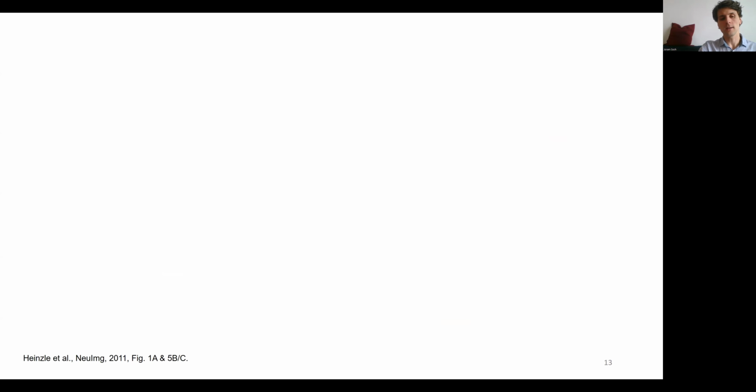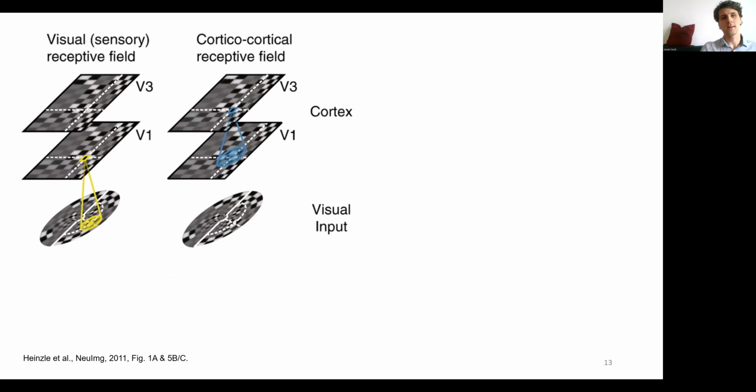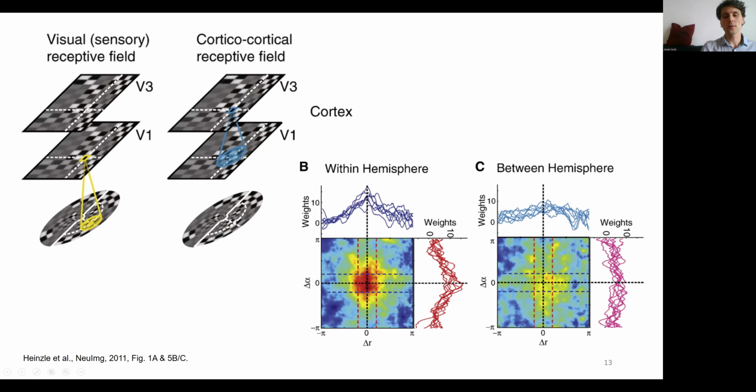In the original study, for which this dataset was acquired, the idea was to extend this concept of sensory receptive fields, mapping from sensory space to primary sensory cortex, to the idea of cortico-cortical receptive fields, mapping from primary sensory cortices to higher areas, such as V1 to V3 in this case. In this way, the authors were able to show that there is a retinotopically organized functional connectivity structure between the visual field maps from different areas in the human visual system.